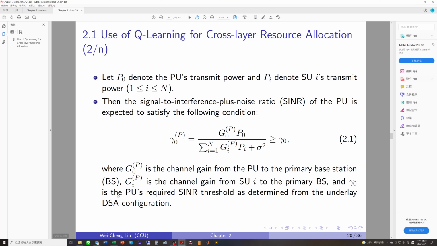Gamma 0 is the primary user's required SINR threshold, as determined from the underlay DSA configuration, where DSA means dynamic spectrum access. We have introduced what is DSA in chapter 1. If you forget it, please review the handout of chapter 1.